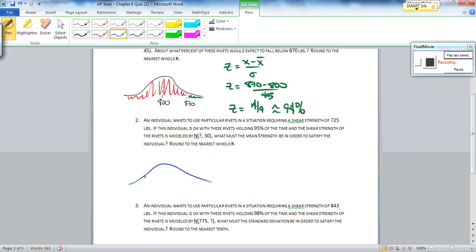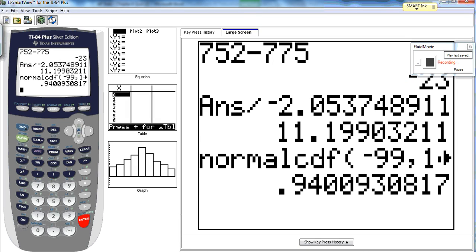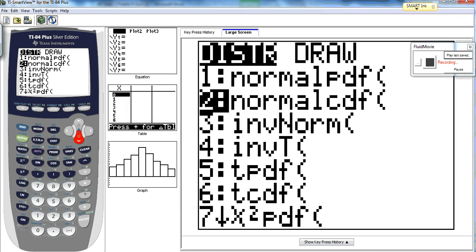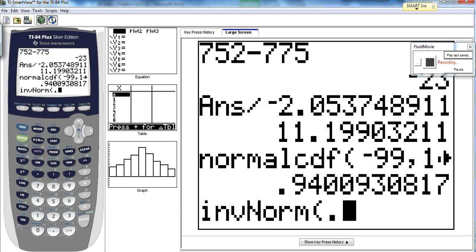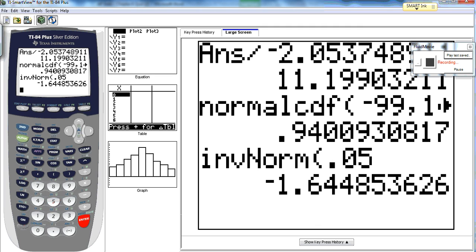So what we want is 95% of the rivets that we manufacture to have a shear strength greater than 725. We only want 5% of the rivets to have a shear strength less than that. So this is the value we need to use to find the corresponding z-score. To do that, inverse norm 0.05, corresponding z-score is approximately negative 1.6.